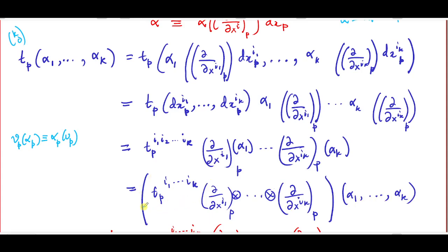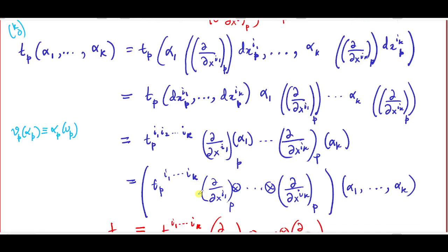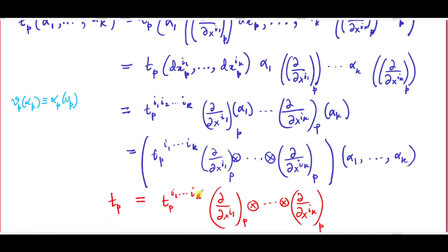Now, since this works for all alpha 1, alpha 2, alpha k which are cotangent vectors at p, we immediately end up with Tp being equal to Tp^{i1 ... ik} del xi1 at p tensor product with del xi2 at p tensor product with del xi3 at p up to del xik at p. So these tensor products of all the del xi's at p, all possible tensor products of k of them, give us a basis of the set of all (k,0) tensors, and the coefficients Tp^{i1 i2 ... ik}, this bunch of n to the k numbers, give us the components of Tp according to this coordinate system.